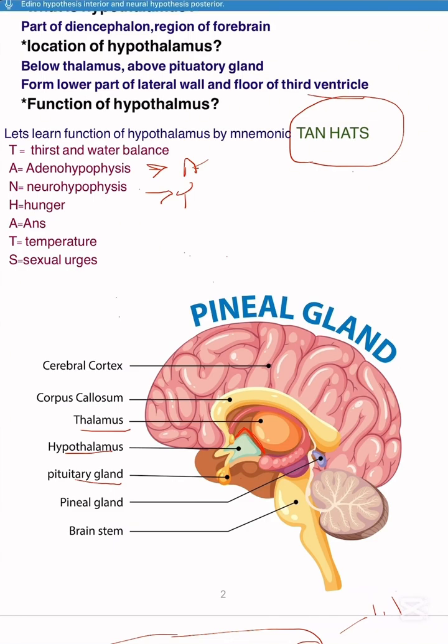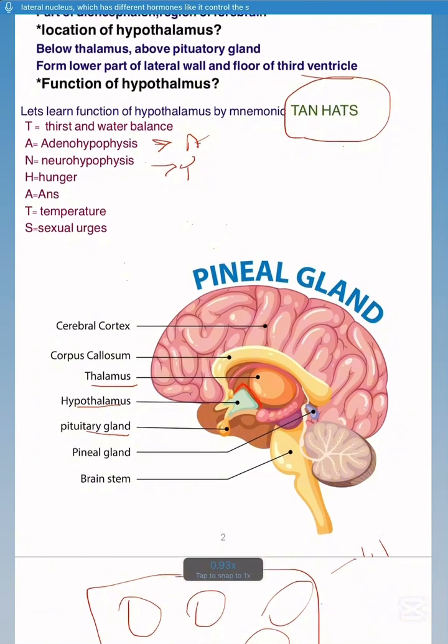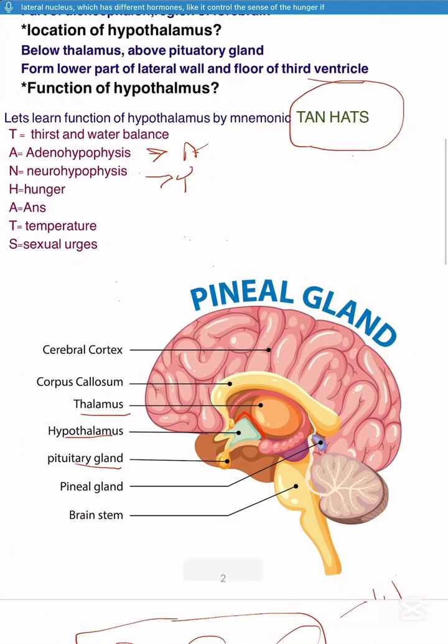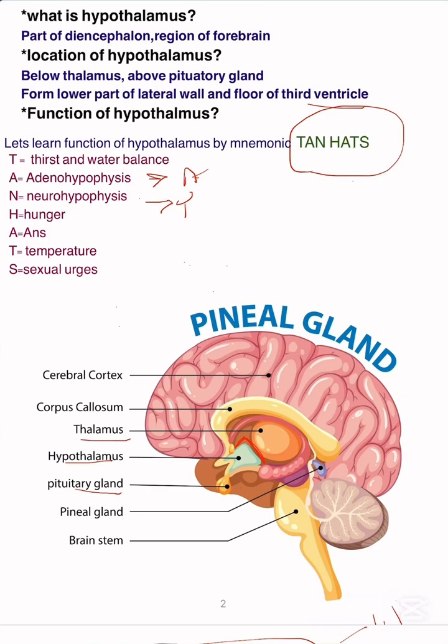And for the HAT, H controls hunger. It has a lateral nucleus which has different hormones that control the sense of hunger. Then we have A again, A for autonomic nervous system. The hypothalamus helps us in the situation of fight and flight.